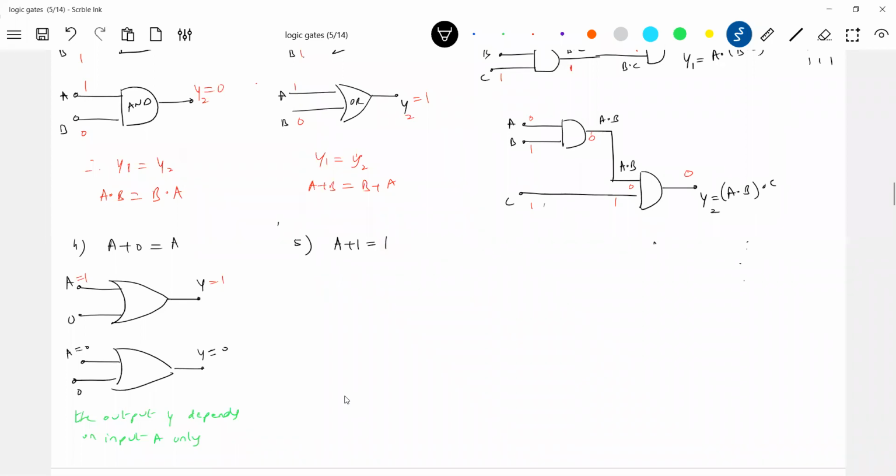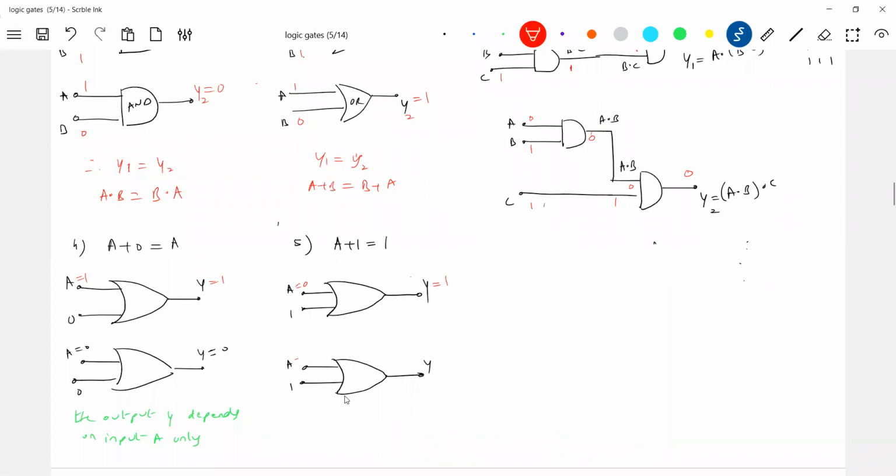A plus 1, I'll write 1 only. If you make A 0, 0 plus 1, okay, there's a Y, no? It will be 1.